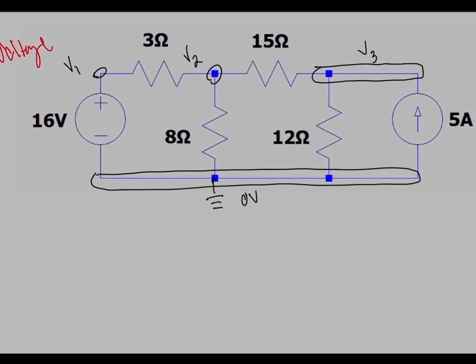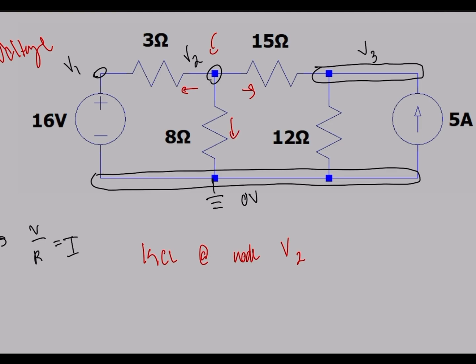Now, here we're going to use Ohm's law and KCL to obtain our system of equations. So if we recall what Ohm's law is, V equals IR, we're going to use this formulation specifically to get our currents. So for example, if we do KCL at node V2 up here, I'm going to use the convention of currents leaving the node.